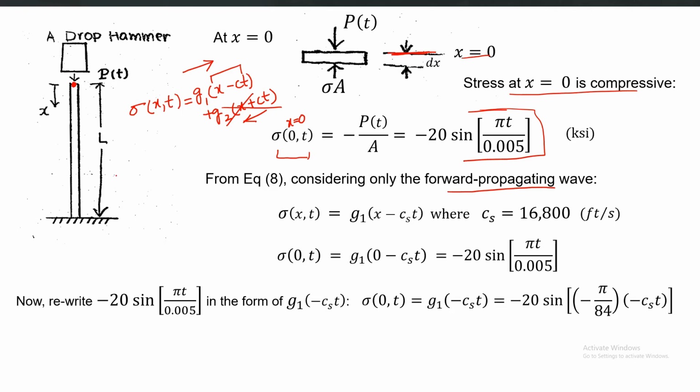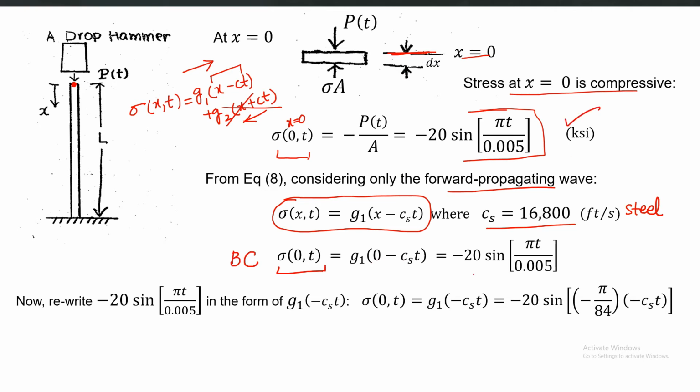In that case, sigma x comma t will be simply equal to the first function, which is the function of x minus ct. For the steel case, we just put the subscript s, so it will be x minus cs t, where cs is equal to this number for steel. Now we know that sigma 0 comma t is equal to some g1, put x equal to 0, and that is known already. Sigma 0 comma t is given, that is the boundary condition, which we have already calculated here.